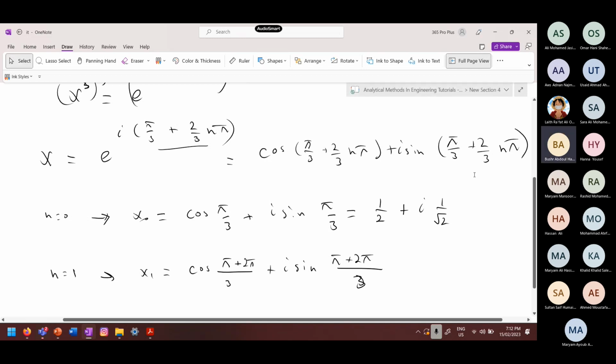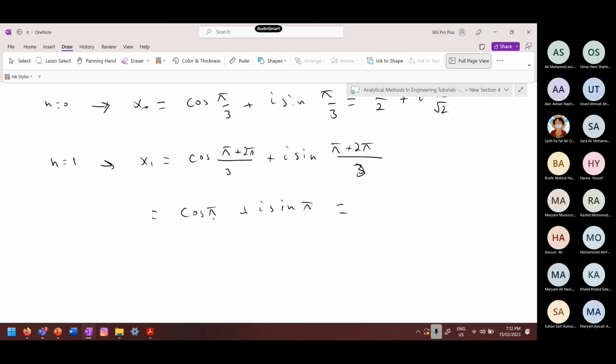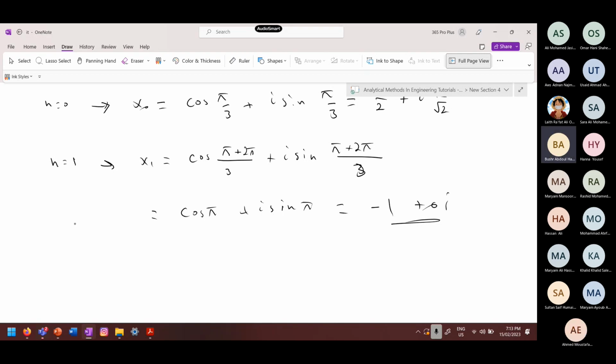Okay, now we need to simplify this more. You'll get cosine of, 1 plus 2 is 3, 3 pi over 3 is just pi. So cosine pi plus i sine pi equal. Cosine pi is equal to what? -1. i sine pi is equal to 0. So this is the answer. This is the second answer.